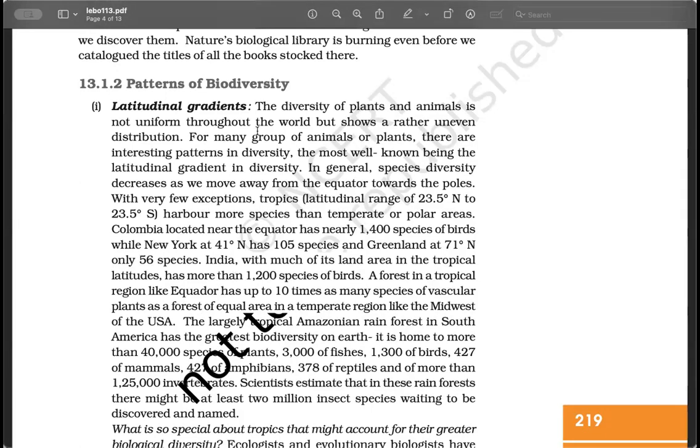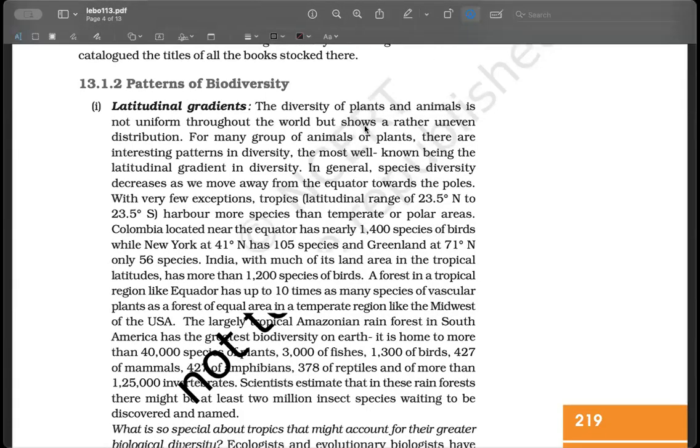So as I told you, in general, the trend is species diversity decreases as we move away from the equator and go towards the poles. And the tropical zone has more species than both the temperate and the polar regions combined. So the tropical area is a safe haven for organisms, and there is a reason why it has more species.